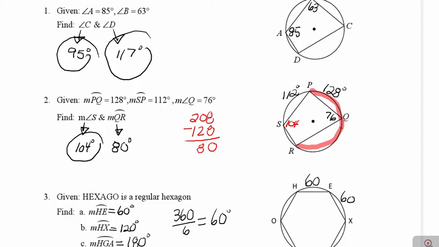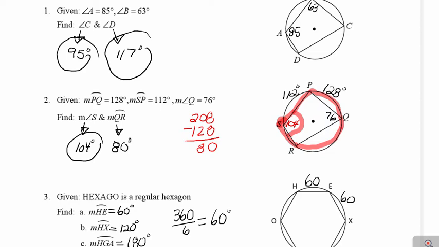And then notice that I highlighted here in red arc PR, because arc PR is the arc that is between angle S. So I know that because the vertex of angle S is on the circle, that arc would have to be double that angle measure.